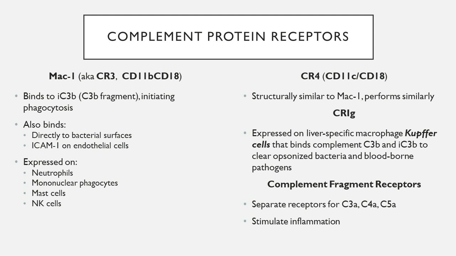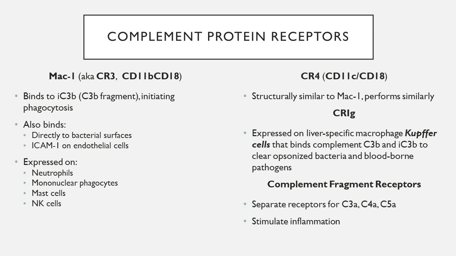There's a few other complement receptors that I'm going to quickly go over. The type 4 complement receptor, CR4, is very structurally similar to MAC1 and performs similar functions. The complement receptor of the immunoglobulin family, CRIg, is expressed on liver-specific tissue-resident macrophages called Kupffer cells that bind to complement proteins C3b and the inactivated form of C3b to help clear opsonized bacteria and bloodborne pathogens, specifically in the liver.